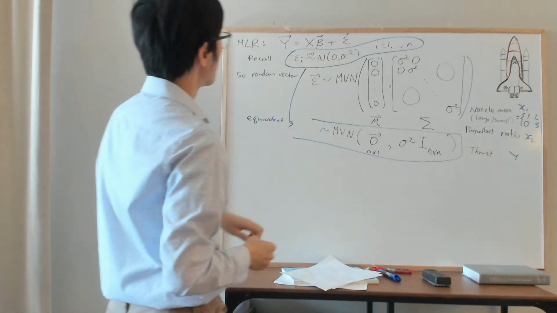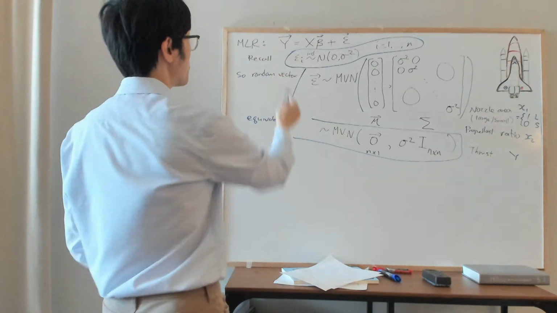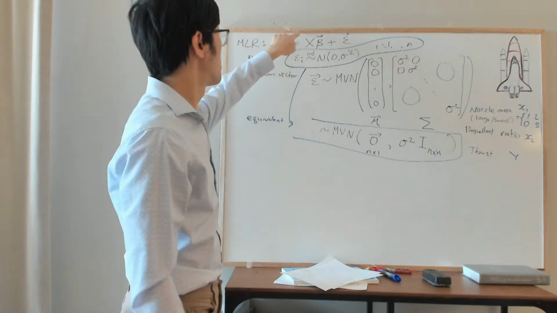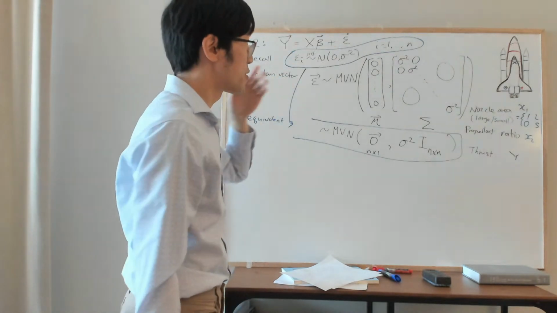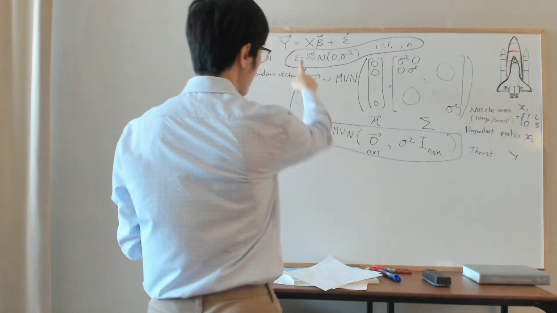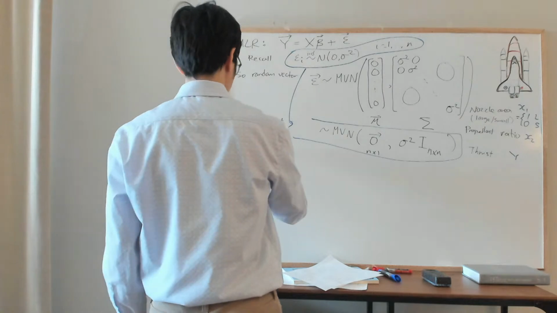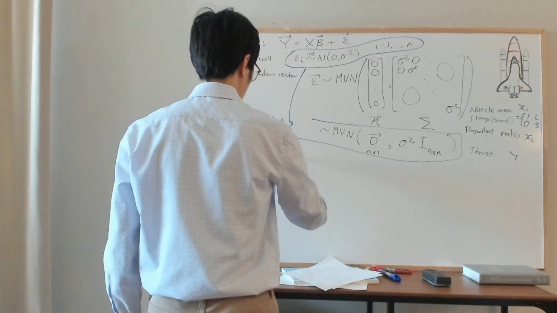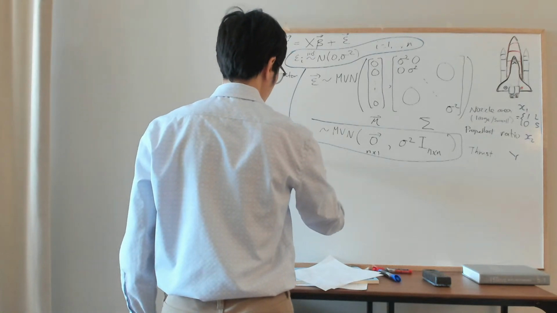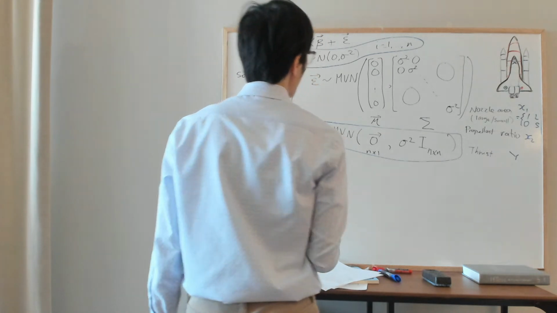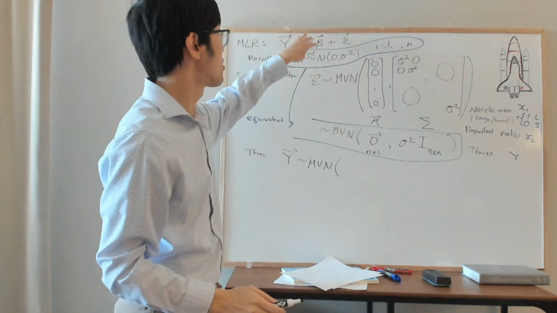Okay, so let's go back to y now. The random vector y is the regression part plus the error part, and so we put that together with this statement. So then we know, therefore, the random vector y has a multivariate normal distribution. Okay, so x beta is a constant part.